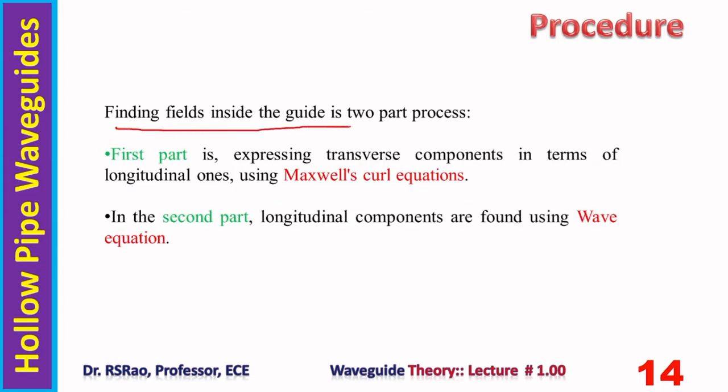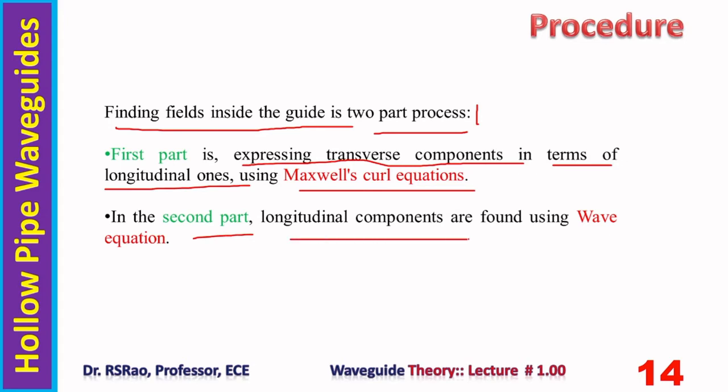Finding fields inside the guide is a long process involving several steps. It is complex also. So one can divide it into two parts. First part is expressing transverse components in terms of longitudinal ones using Maxwell's curl equations. In the second part, longitudinal components are found using wave equation.